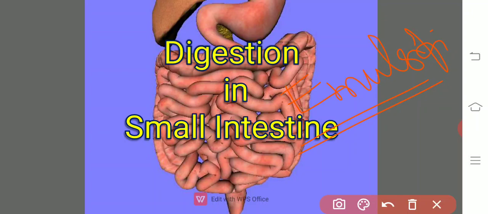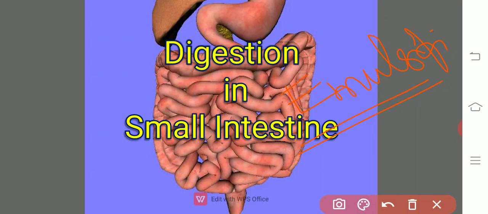Whenever you compare non-emulsified lipids and emulsified lipids, non-emulsified lipids do not undergo proper digestion with the lipase enzyme. When the lipase enzyme acts upon the non-emulsified lipids, they are not digested properly. But the emulsified lipids readily undergo digestion by lipase activity.